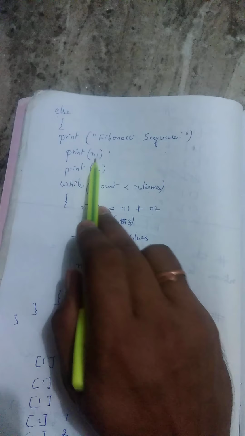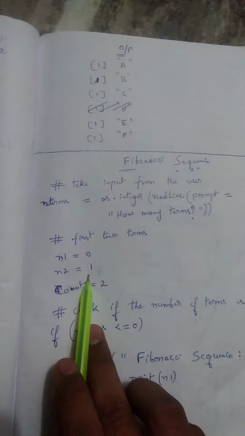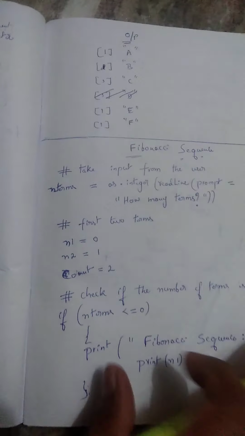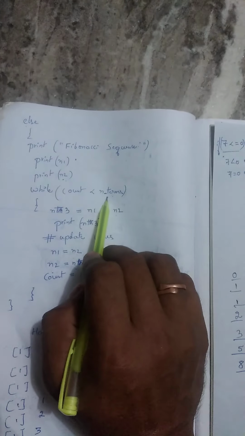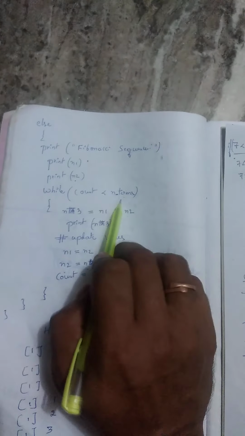In n1 0, n2 1, in count 2. That means 2 is less than the nth term, the 7th term, 7. 2 is less than 7.